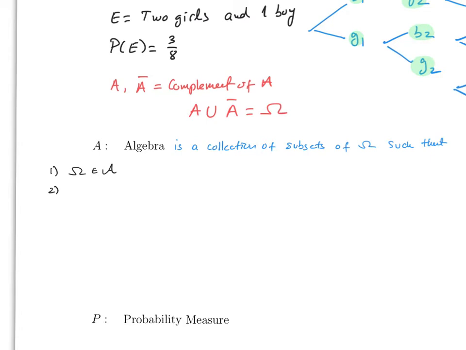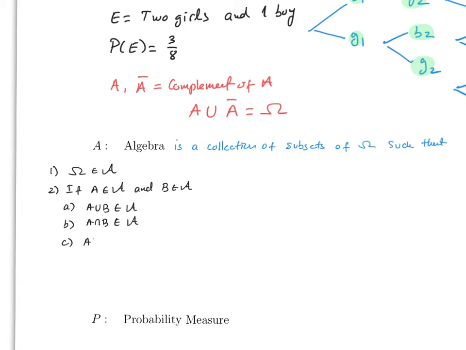And number 2, if A belongs to the algebra and B also belongs to the algebra, then the following must be true. Part A, the union also belongs to the algebra. Part B, the intersection also has to belong to the algebra.